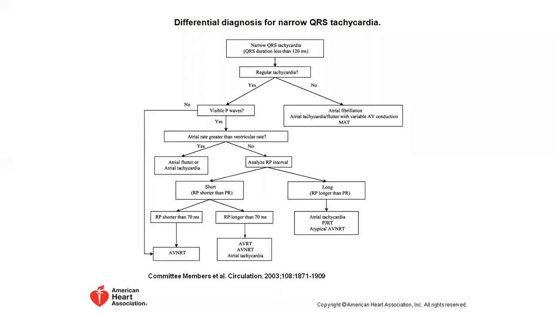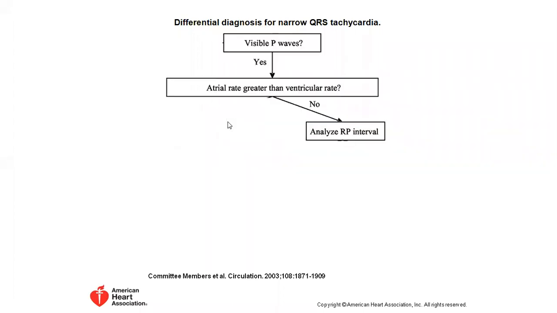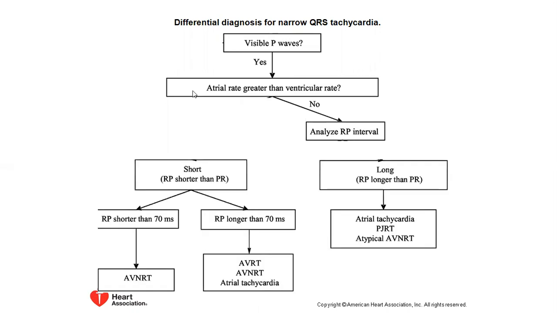Now, moving to the next limb, once you have a P wave which is exactly equal to the QRS, no more extra P waves, but only 1-to-1 QRS and P wave, then you have to analyze the RP interval, and then the differential diagnoses are based on the RP interval, right?